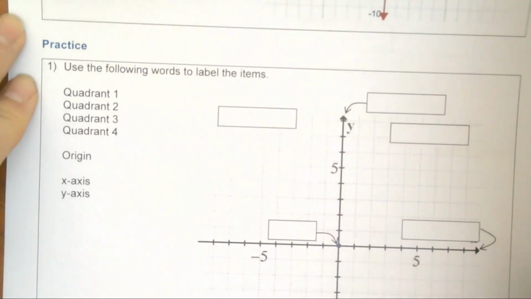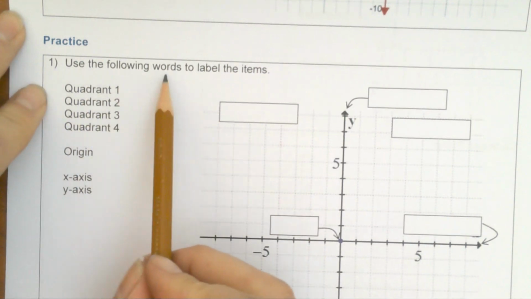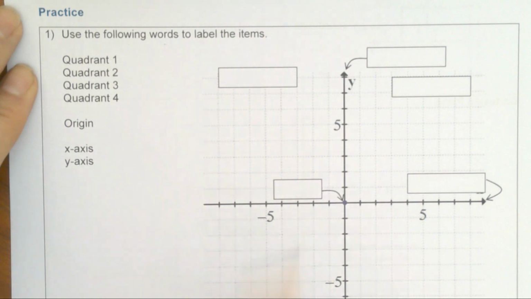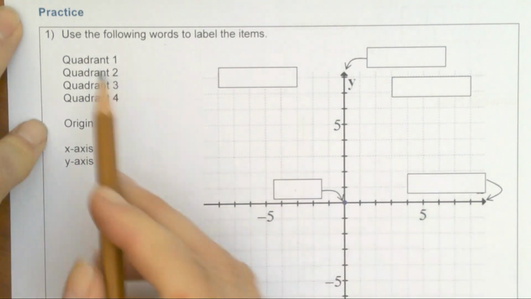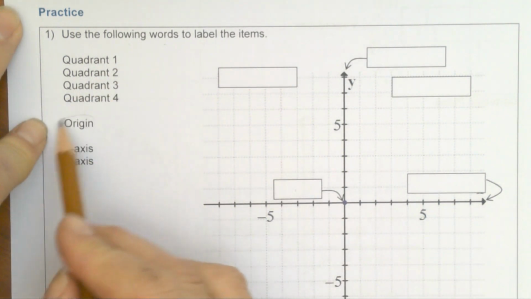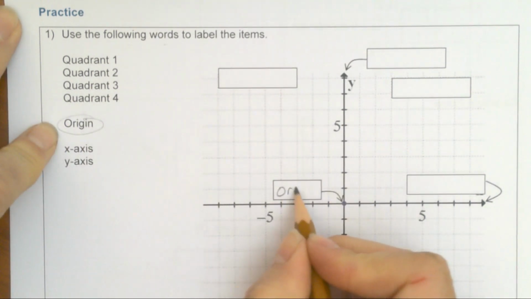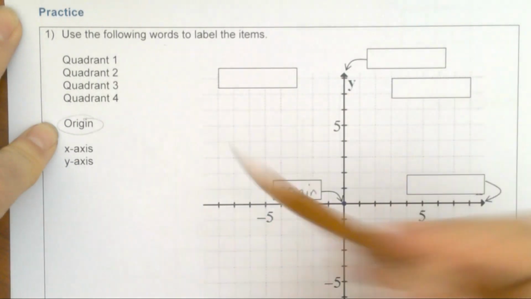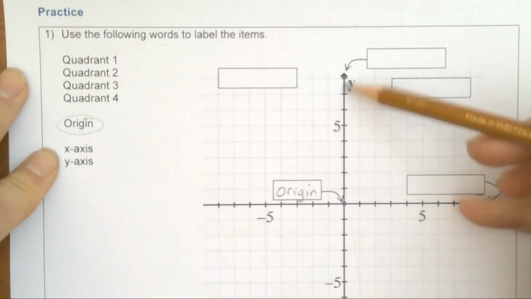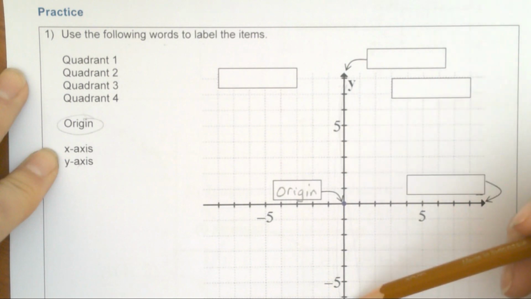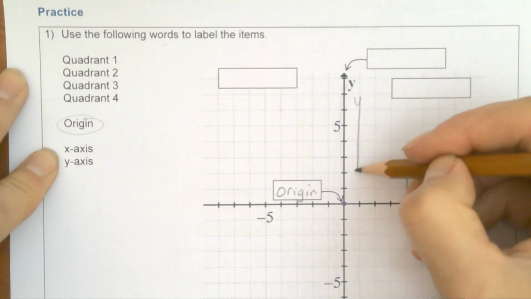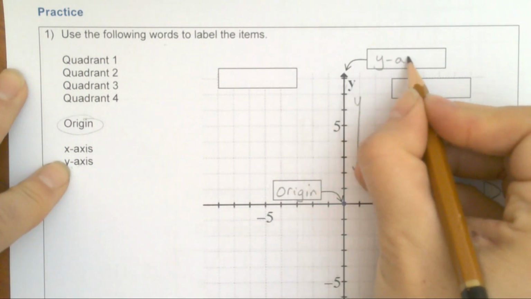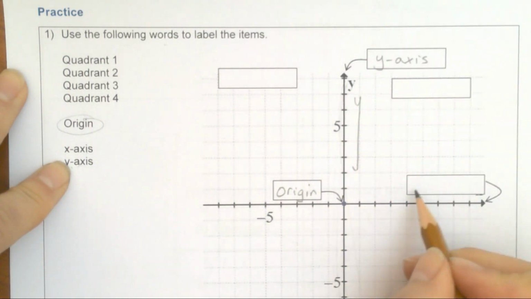So now, use the following words to label the items. So, the middle, what's the middle called? Yeah, origin. So let's put origin here. This one and this one are called the axis, but which one is the up and down one? Y looks like this, so this one is the y-axis. And so this one is the x-axis.